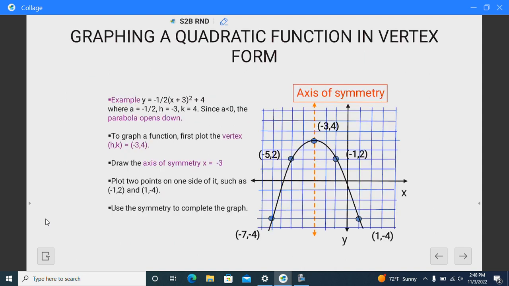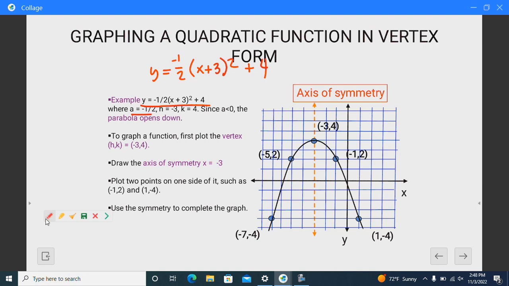Now, say for example you have this one: y equals negative 1/2 (x plus 3) squared plus 4. Here your a is negative 1/2.